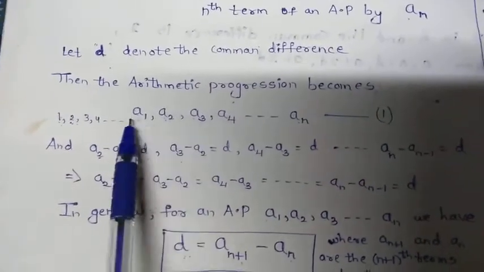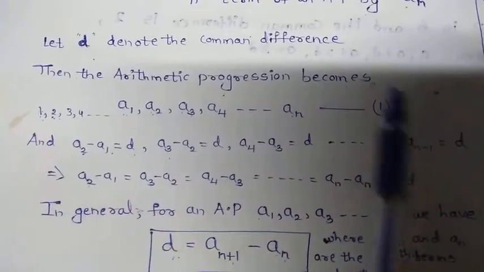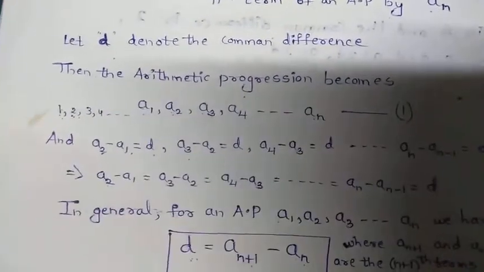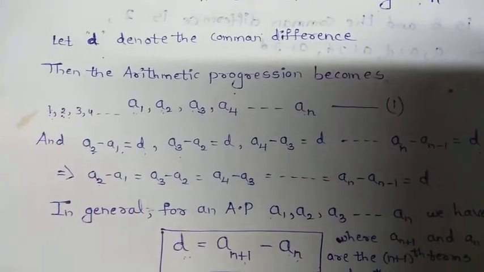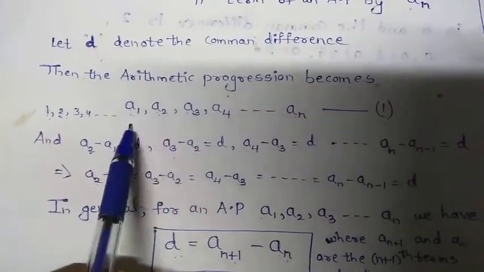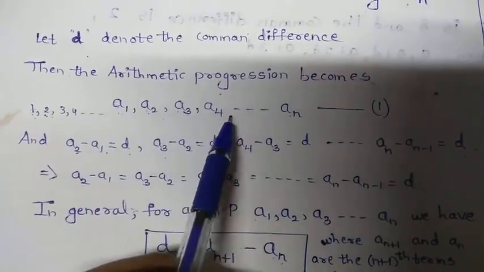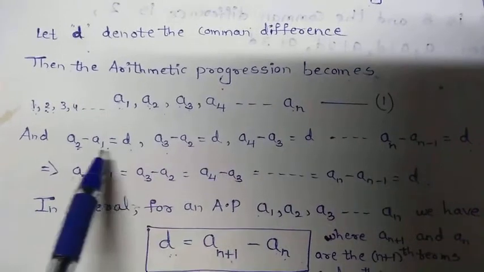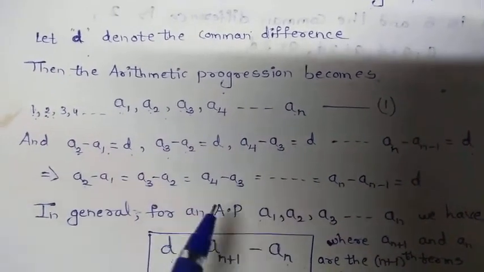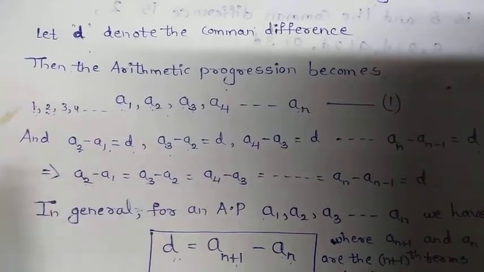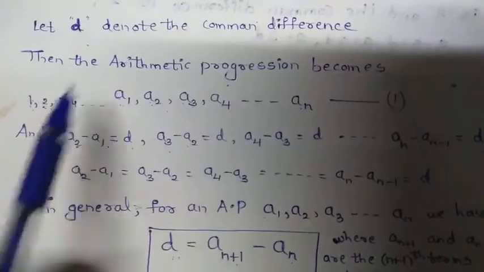So we can conclude this particular equation number 1 as the general form of arithmetic progression, but there is a slight confusion. Why? Because in this equation number 1 we cannot see what the common difference is, that is, we need to write the common difference separately. So general form is something which represents the total arithmetic progression wholly and solely.